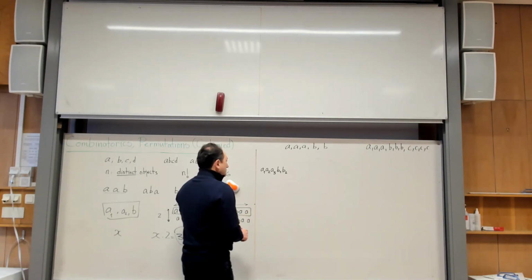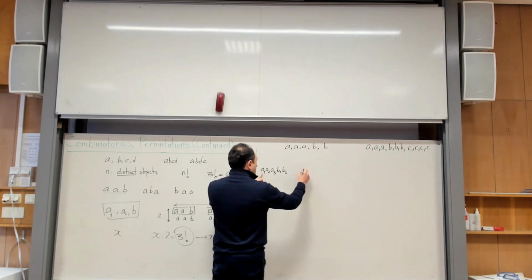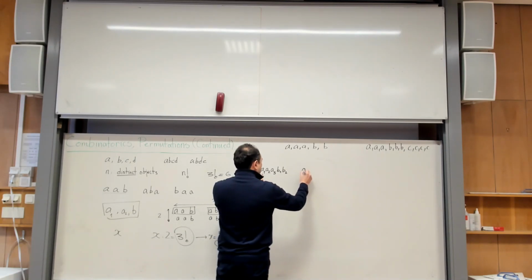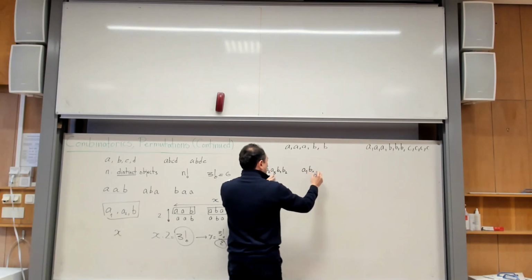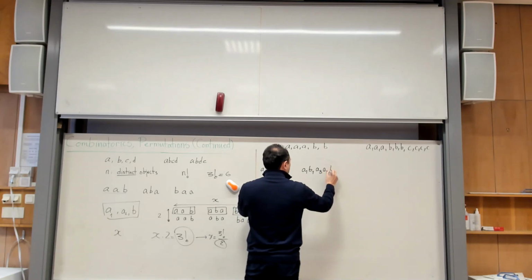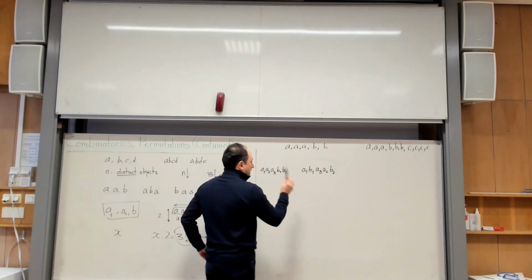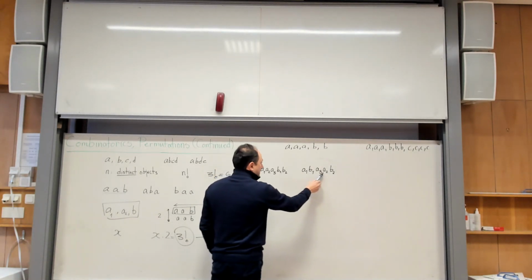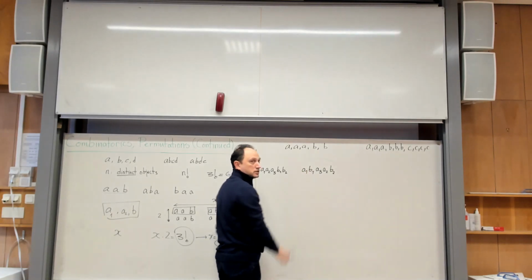Now, what I do, I want you to do this. For example, I would write A1, and then I would write B1, then A3, A2, and B2. Yes? Okay, let me ask you one thing. If I remove the indices here, do you still agree that this is also a permutation of these objects?